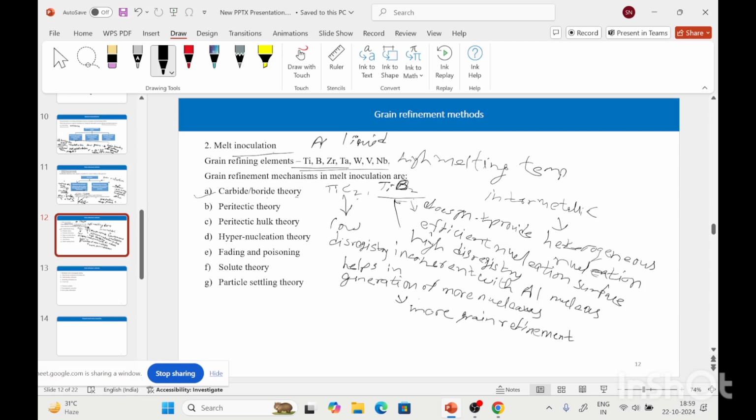In the peritectic theory, the Al3Ti intermetallic wedge formed during the inoculation process forms the aluminium nucleus before reaching the solvus temperature.